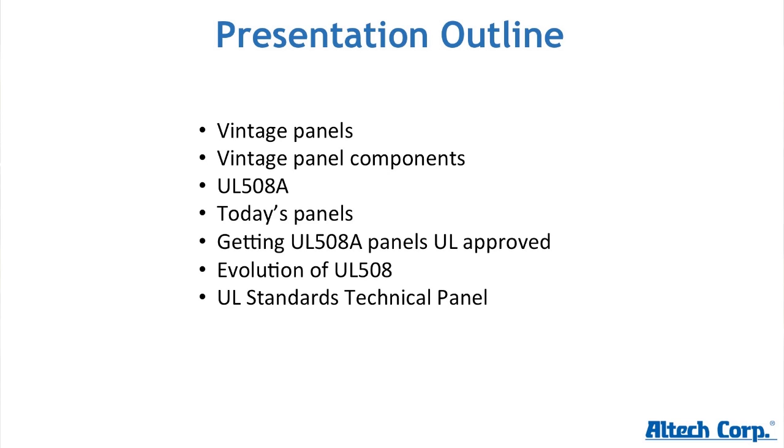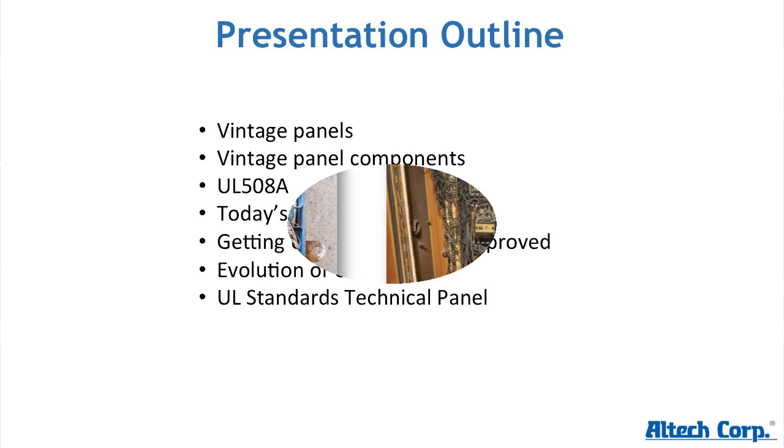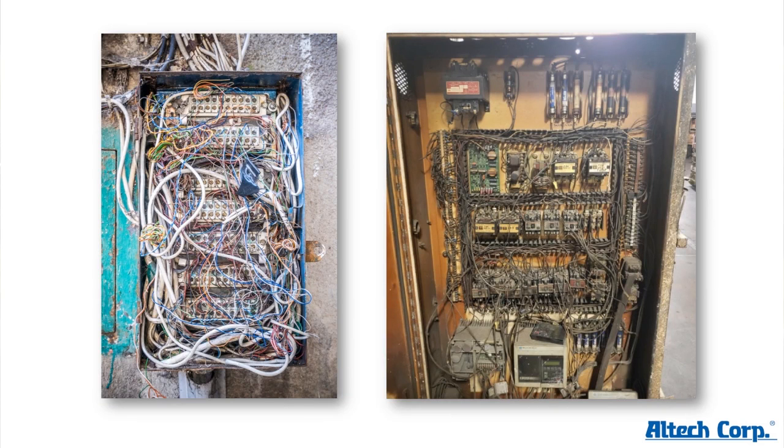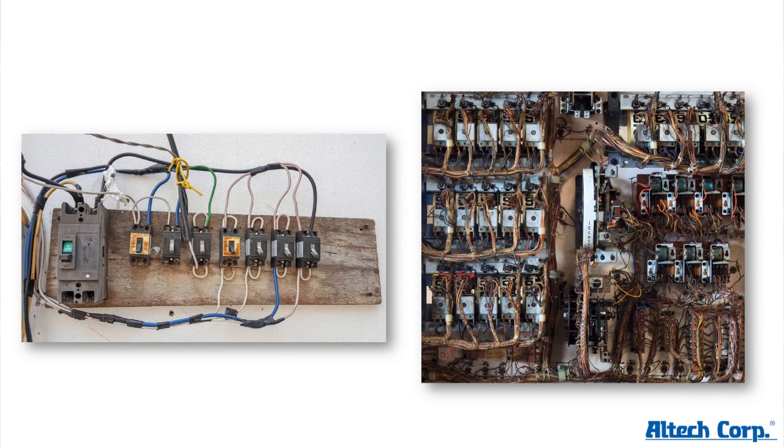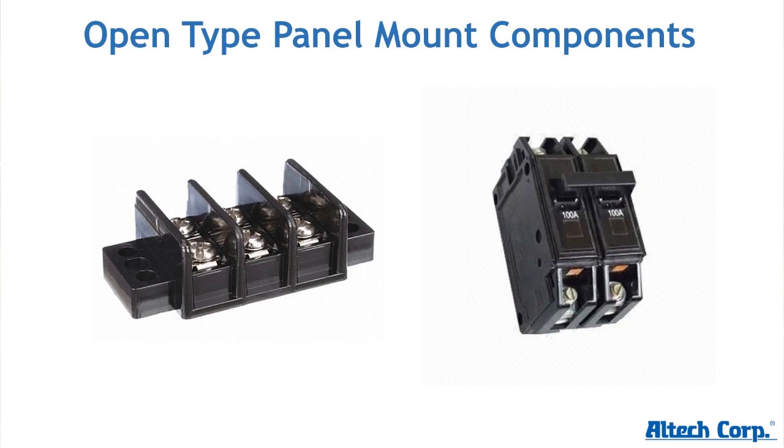So, I was telling you before that when I first started in this industry in the 80s, some of the control panels coming from the United States did look like this. They were kind of rat's nests, wires all over the place, open construction, connectors all over the place, not safe according to today's standards. It all changed after a while, but even in the 90s, we were still using components like this, the open construction terminal block.